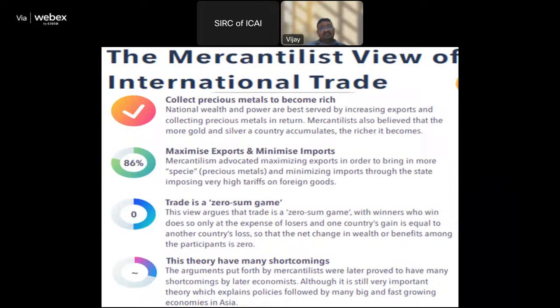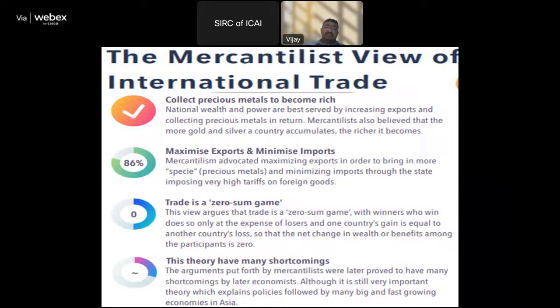Now, there are 5 theories of international trade. Out of these 5, you may get one theory, the mercantilist view of international trade. This is the first theory. The developed nation always maximizes exports and minimizes imports. When they maximize exports, they become rich.